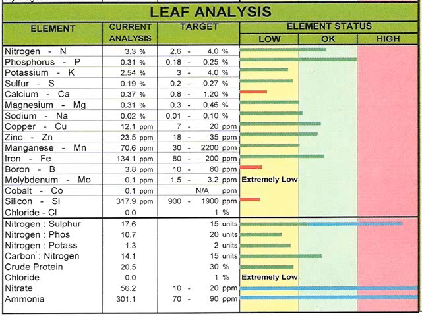And nitrogen to sulfur in this test was at 17.6 to 1. This plant probably should have been closer to 10 to 1, and it's 17.6 to 1.